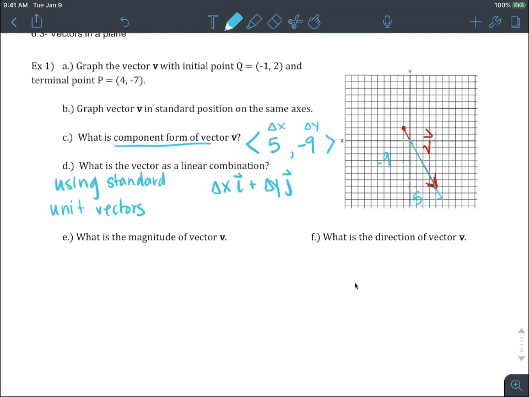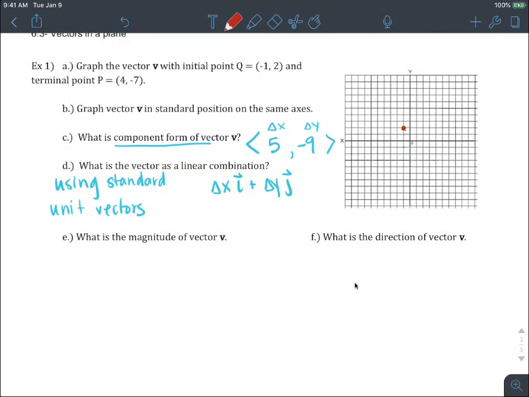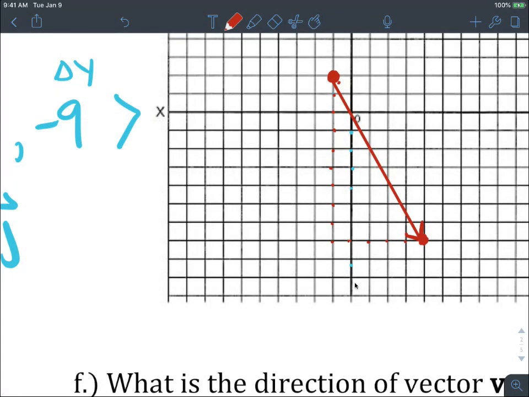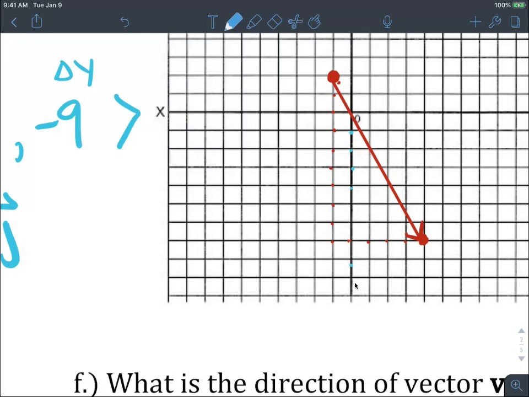So I'm going to redraw this over here, back to my original vector. It doesn't really matter where it's lying. In order to get from my initial point to my terminal point, I can move over horizontally 1 unit, 2 units, 3, 4, 5 in the i direction.